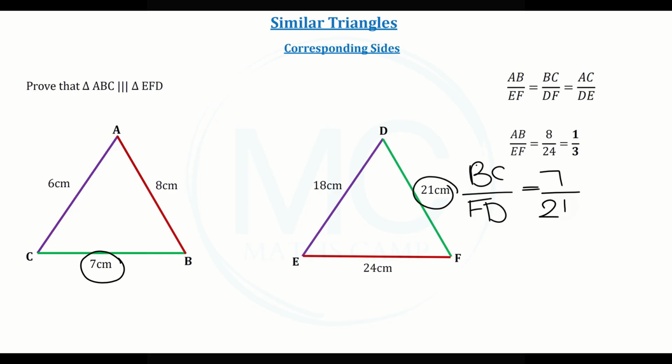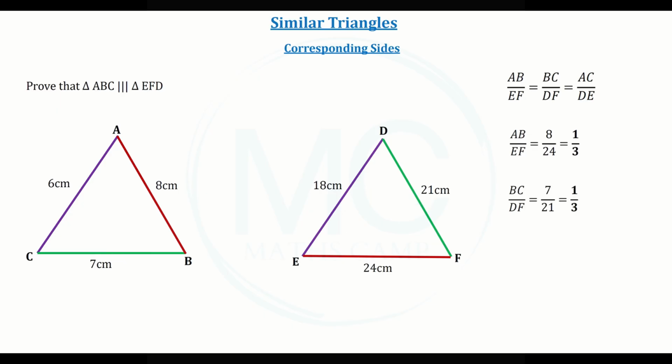So we say 7 over 21. 7 and 21 are both divisible by 7. We get a fraction of 1 over 3. Now we know that two pairs of corresponding sides are in proportion because both fractions give us 1 over 3.